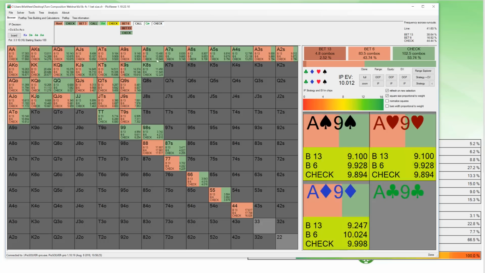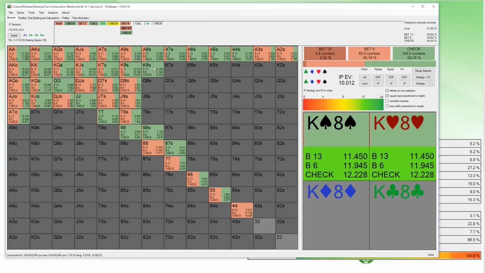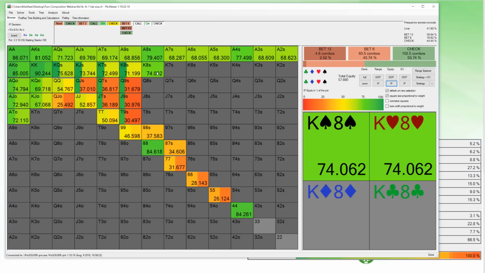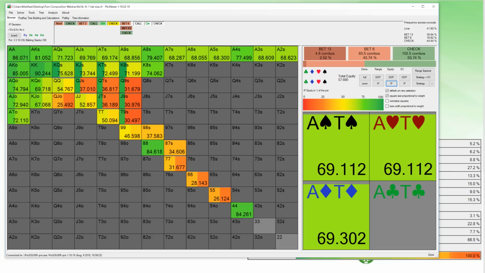Someone asked, why is it checking two pair? It's interesting. It's checking pure king 8, and the reason, let's look at the equity of king 8. It's still a high equity hand, and I think it's just using that as it can't face a check-raise. And with king 8, it's blocking a lot of the calling range. A lot of the calling range to this bet is going to be either a king or an 8 or flushes.